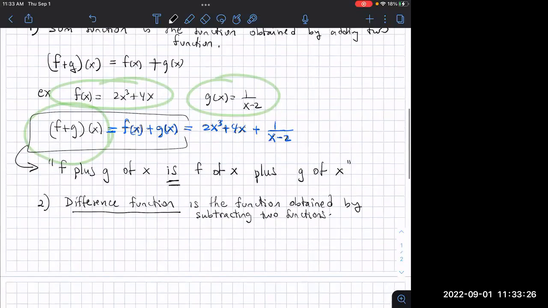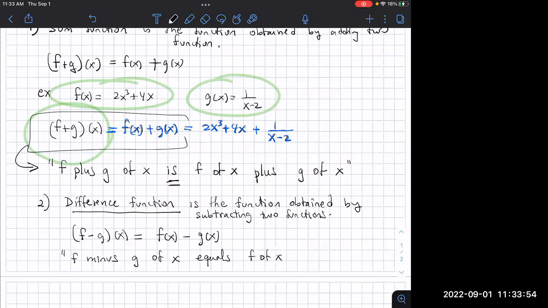So it's very much like f plus g, but there's a difference, so it will be f minus g. So f minus g of x is obtained by subtracting f of x minus g of x. So you read that f minus g of x equals, so for variety, let me put equals, f of x minus g of x. Okay.